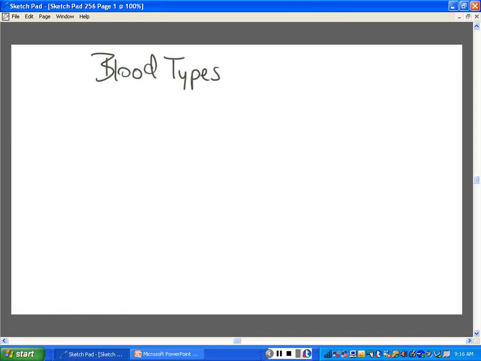All right. The basic blood types are A, B, AB, and O. So there's four basic main primary blood types. And we have a couple of things to talk about with each blood type.